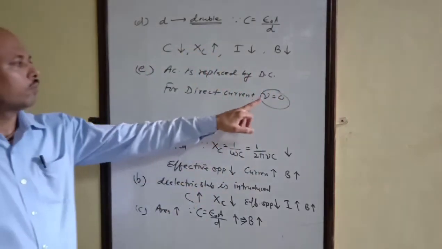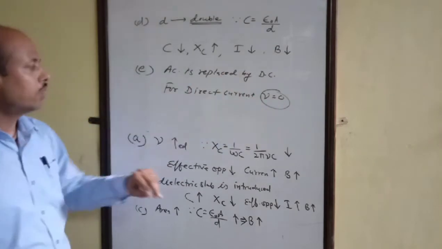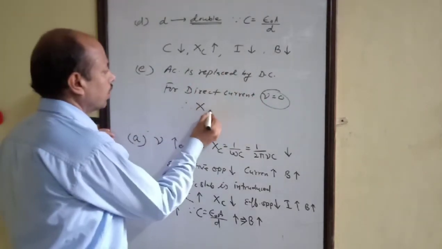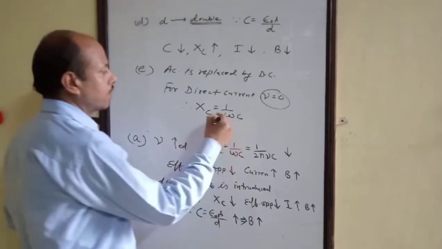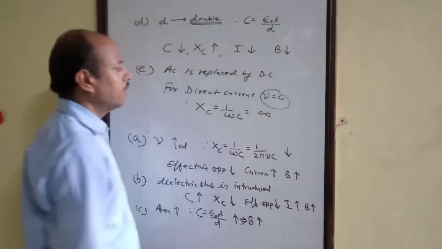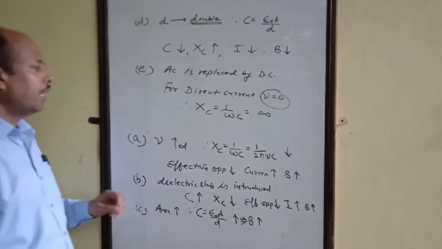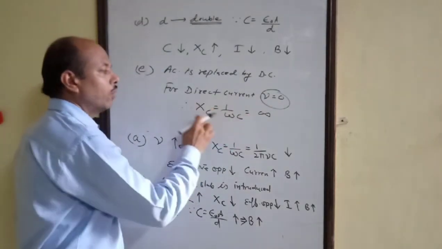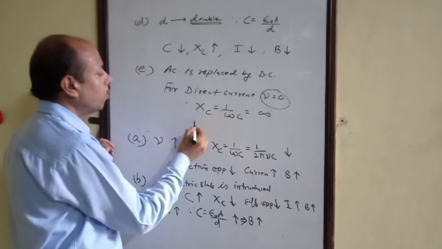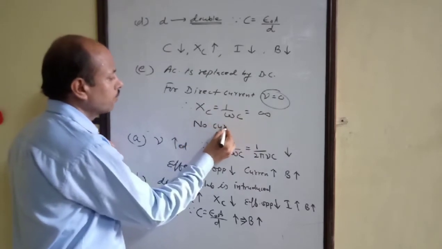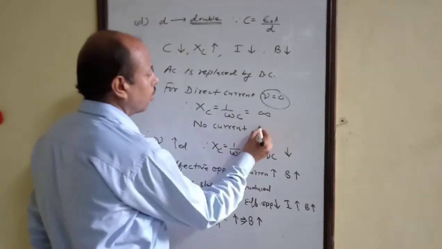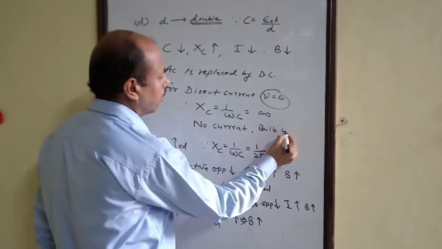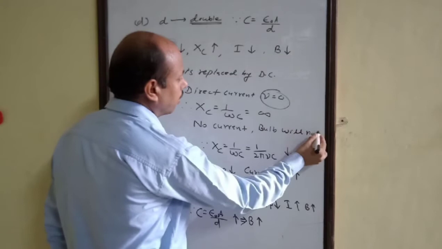Therefore, Xc equals 1 upon omega c will become infinite. Hence, the circuit will behave like an open circuit. Therefore, no current, or we can say the bulb will not glow.